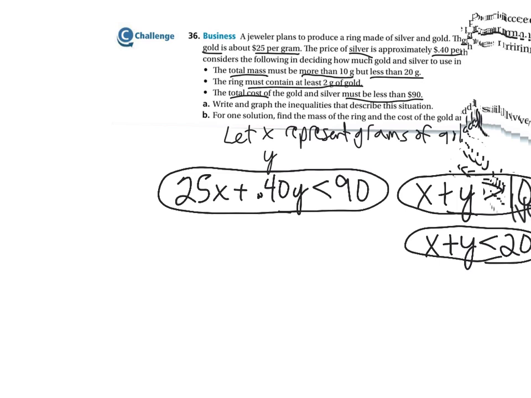Has to have at least 2 grams of gold. So X is greater than or equal to 2 would be another inequality. And we already talked about the costs. So these would be our 4 inequalities that we would need to be working with. And they want us to graph these and then find one answer that works.